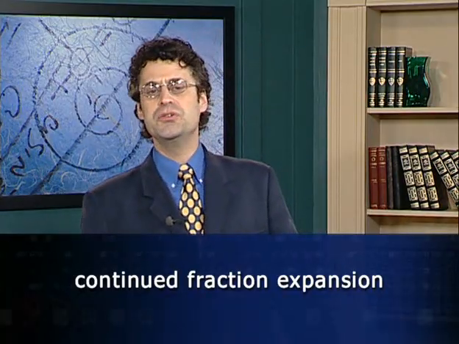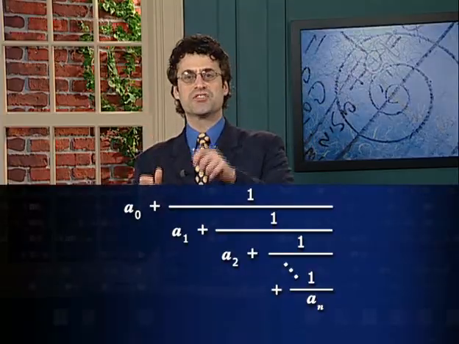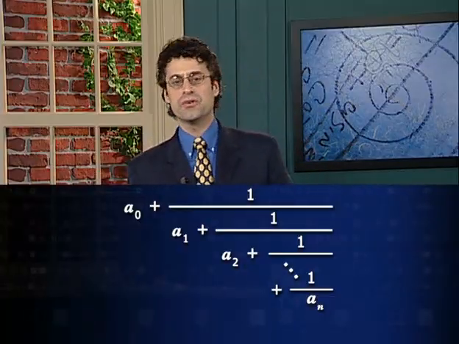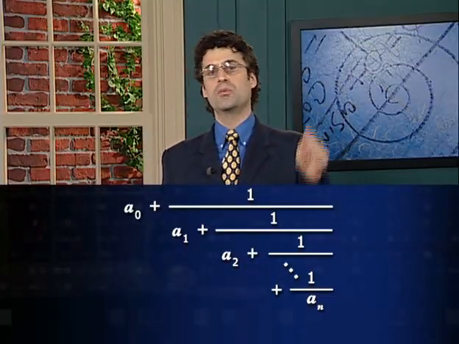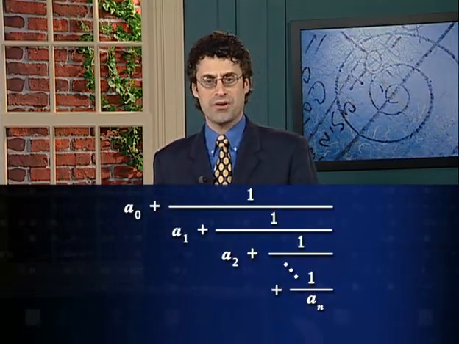Now, as early as 200 BCE, Eratosthenes and others expressed ratios as continued fractions. Now, because we can perform the Euclidean algorithm with any 2 natural numbers, we see that we can write any ratio of natural numbers as a continued fraction of the generic form a0, so some initial number, plus 1 over a1 plus 1 over a2 plus 1 over a3 and so forth, down to the very last one, which would be 1 over a sub n, say, where all these a's are in fact natural numbers.